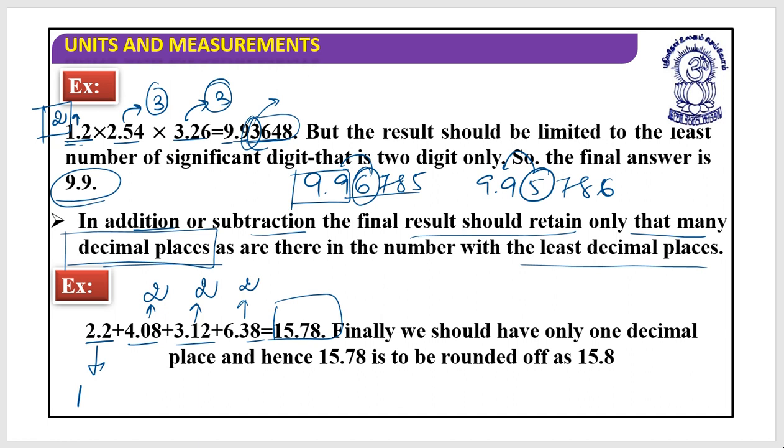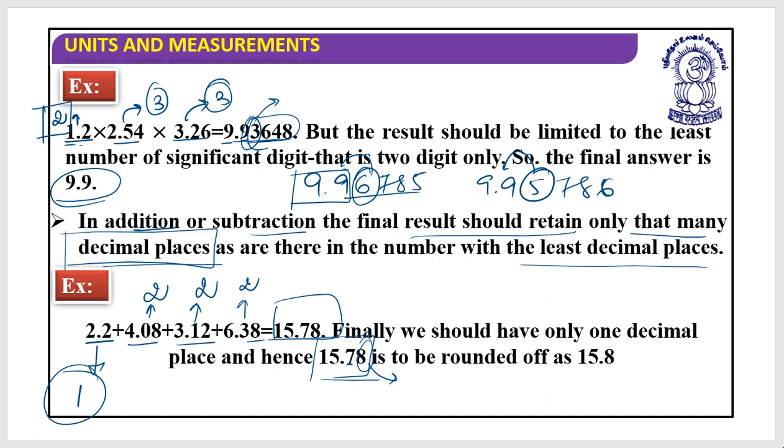Now I need to find out which number has the minimum number of decimal places. It is 1. So my answer should contain only 1 decimal place. As my answer is 15.78, I should keep 15.7, so what do I need to do with the 8?